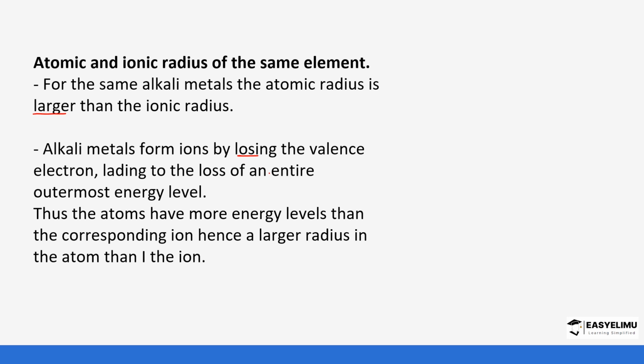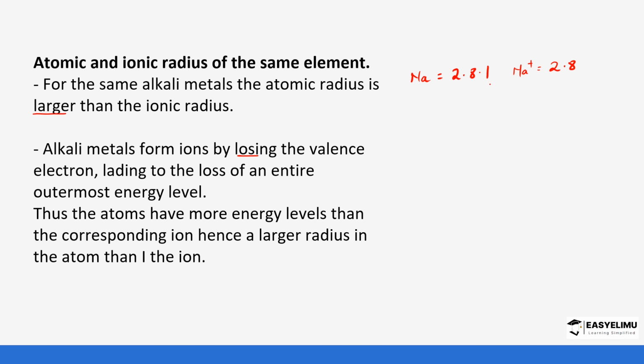Let's take, for example, sodium. Sodium has a configuration of 2.8.1. If you look at the number of energy levels of sodium, there are 3 energy levels. Then sodium reacts by losing 1 electron. So the sodium ion, as we discussed before, is going to have a configuration of 2.8.